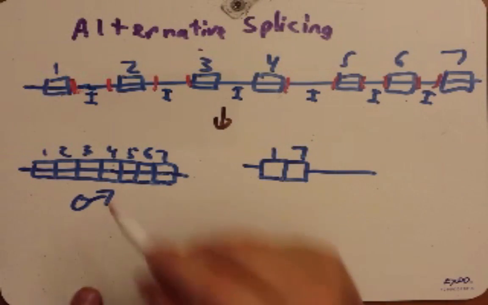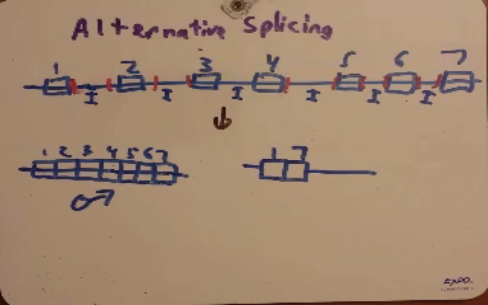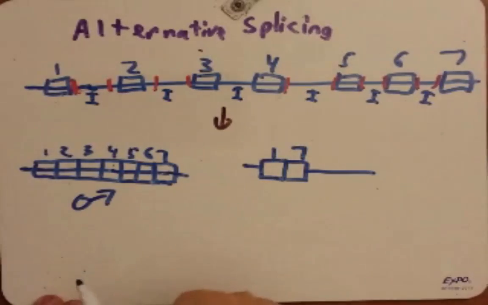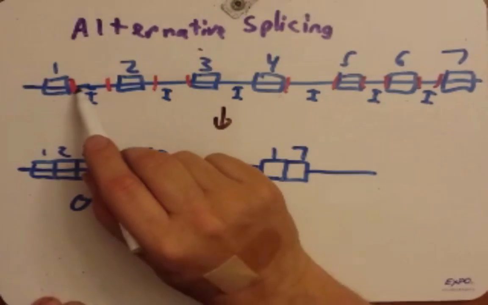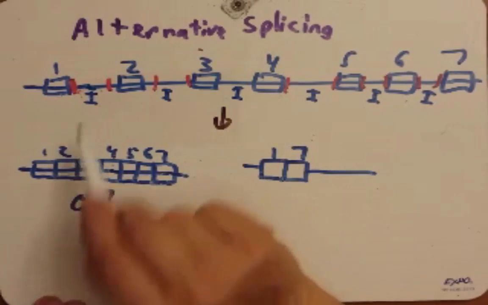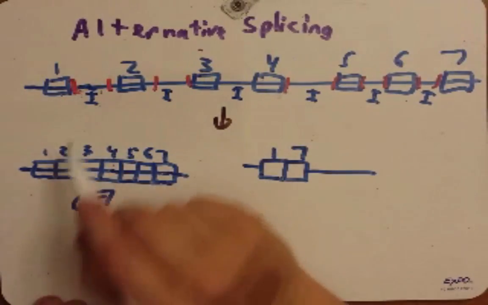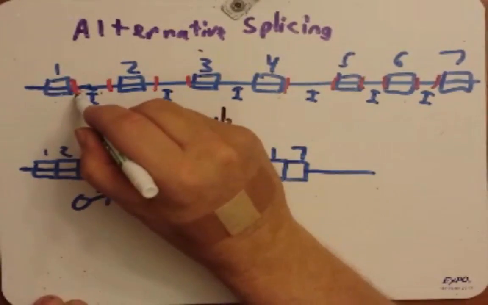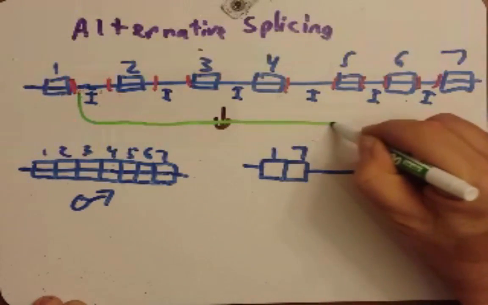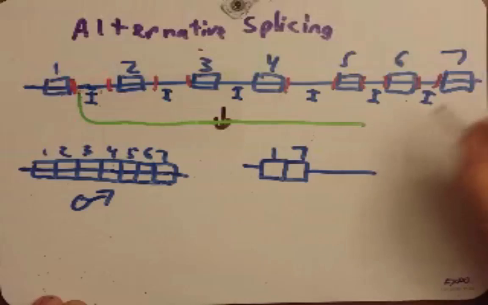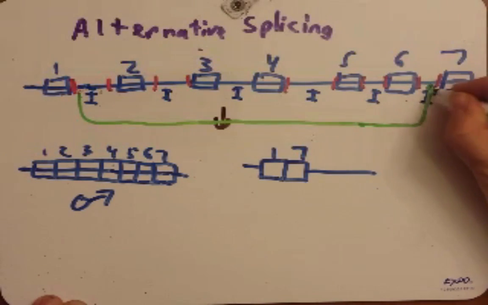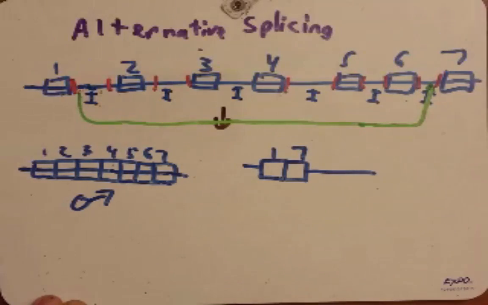What can happen though is that the spliceosome that comes along can cut this 5' splice site, and remember we said usually then that will loop around and attach to a branch point here in this intron. But sometimes once you've cut this, it could loop around with a different intron. And in this case, it's going to loop around with the branch point of the intron between 6 and 7.